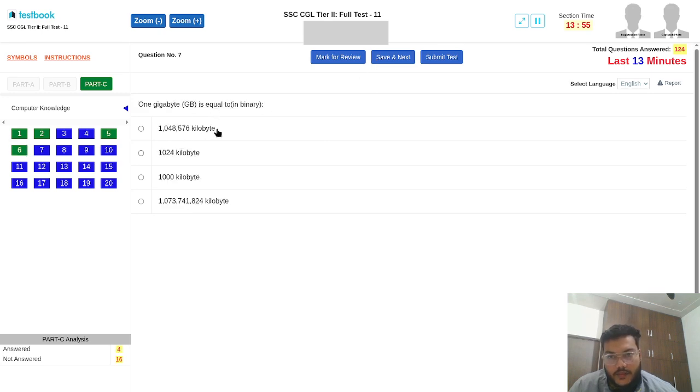1 gigabyte. 1024 into 1024, 1000 into 1000.